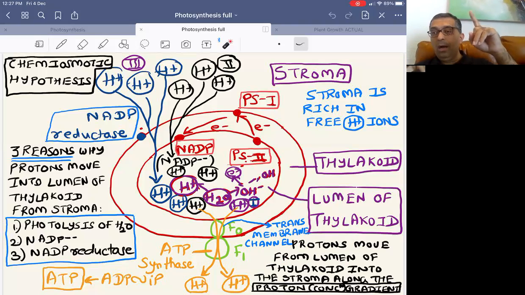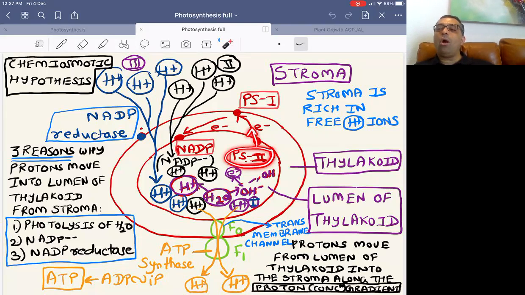If you remember, PS2 at 680 will lose electron first. तो सबसे पहले PS2 का इलेक्ट्रॉन शूट आउट होगा. Who will accept the electron? If you remember, quinone, and from quinone it will go to plastoquinone.